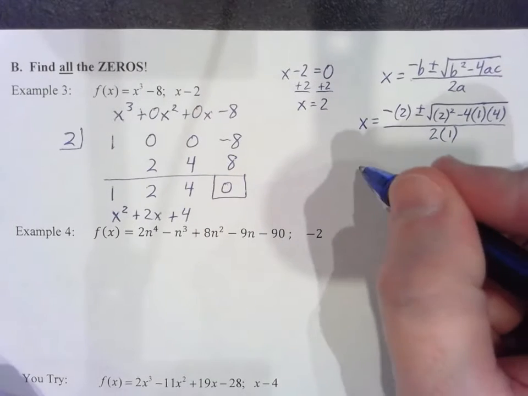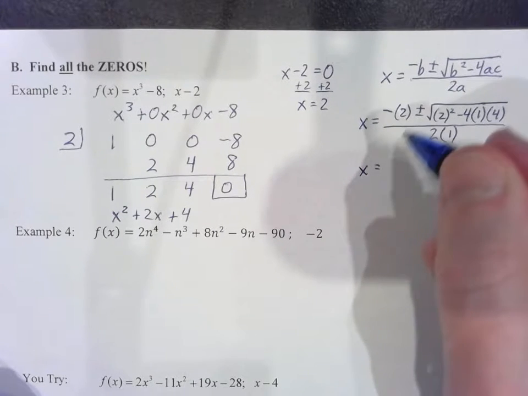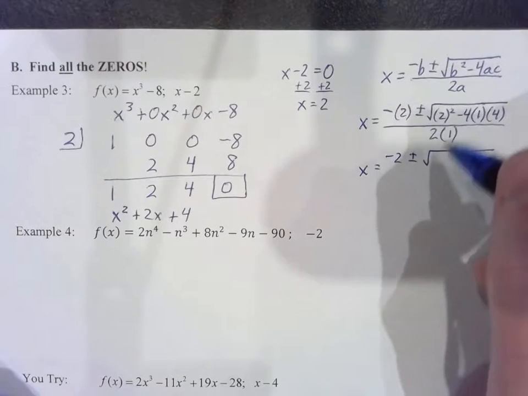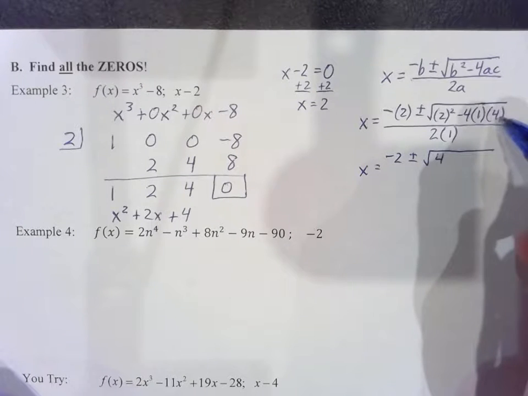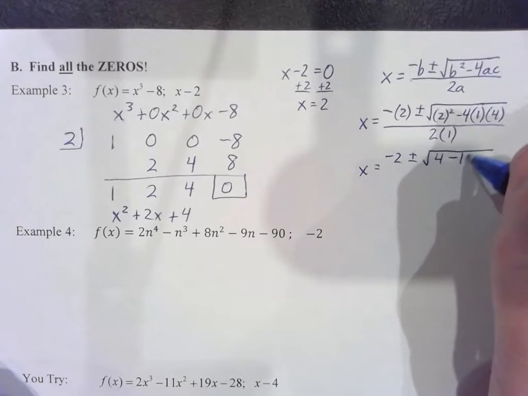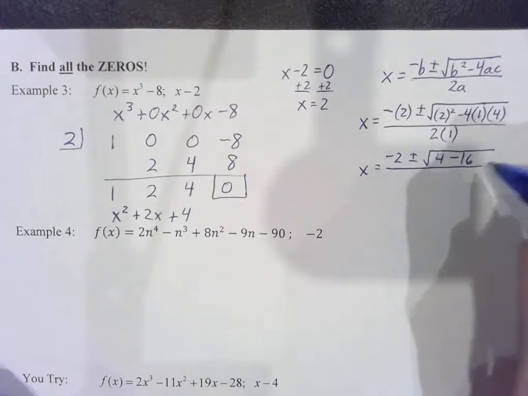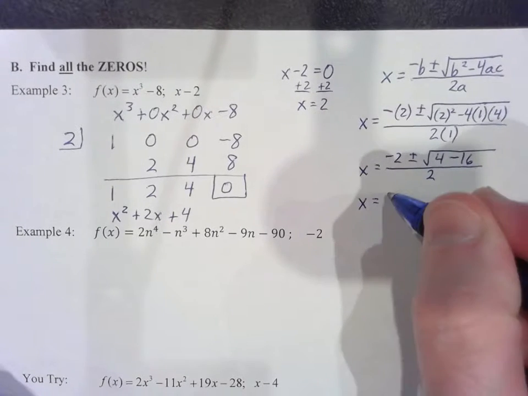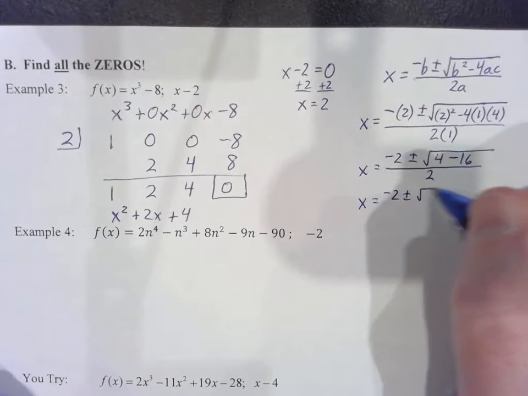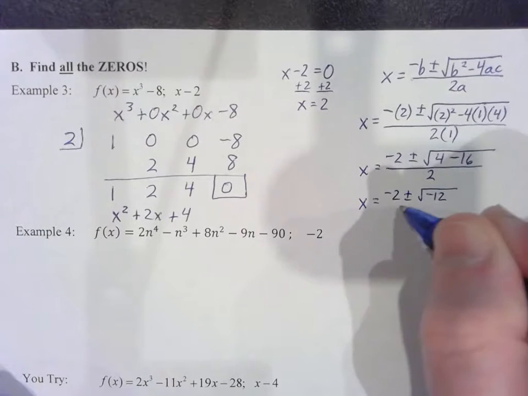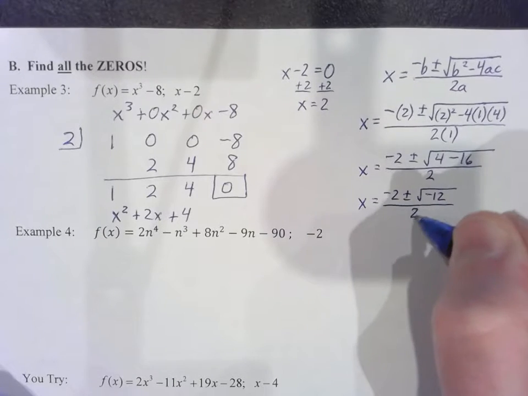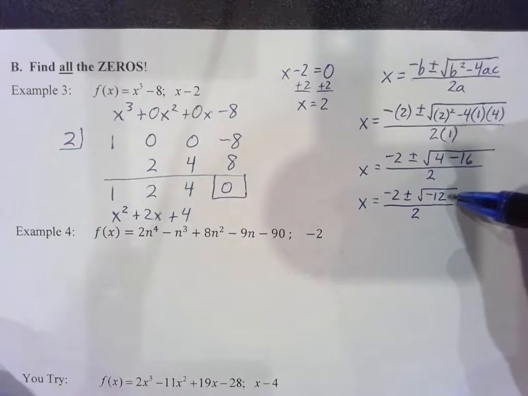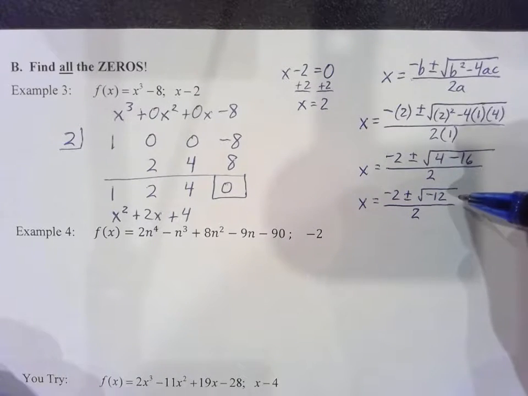As I simplify this, I get the opposite of 2, negative 2, square root, 2 squared is 4, 4 times 1 times 4 is 16, and 2 times 1 on the bottom is 2. So I see negative 2 plus or minus the square root of negative 12, since 4 minus 16 is negative 12, divided by 2. So I've got a square root of a negative number, which means that I need to use i in this problem.